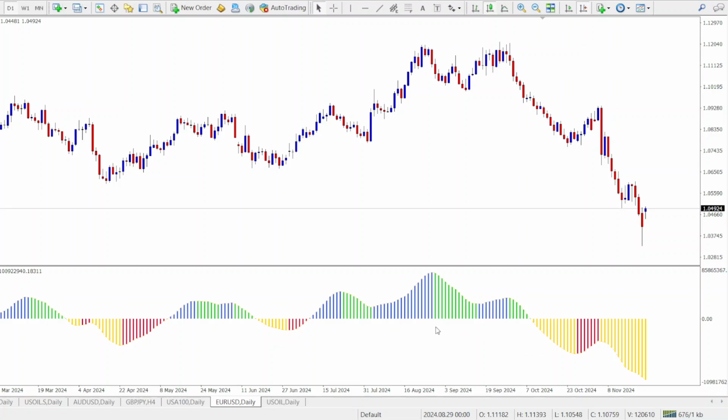As you can see, we have red bars, golden colored bars, green bars, and blue bars, all in the indicator window. So these visual cues are essential for identifying the strength of market activity.